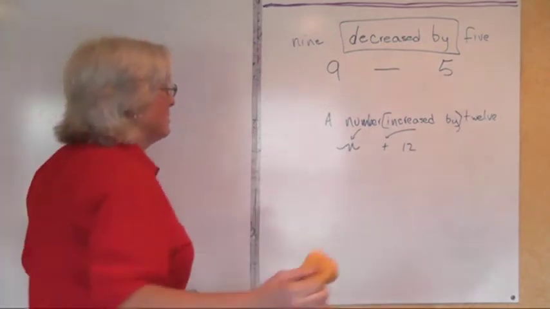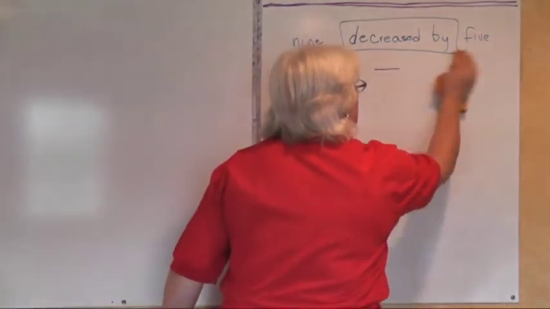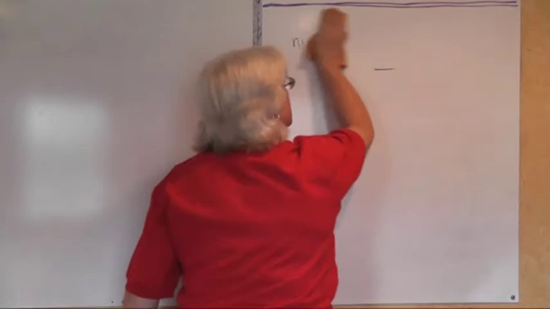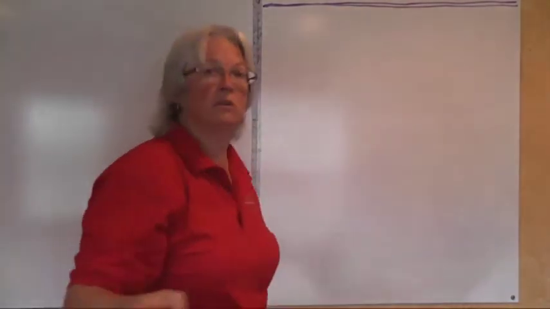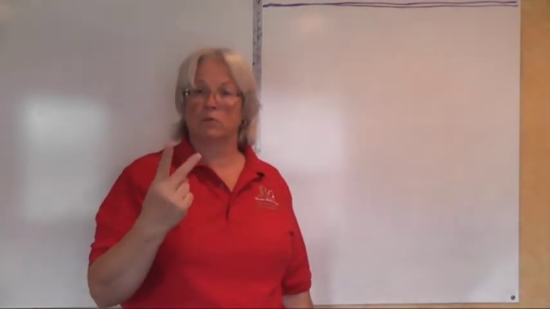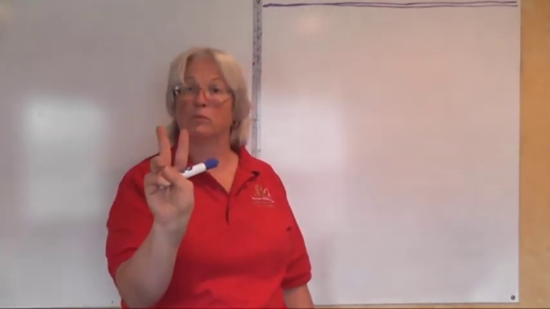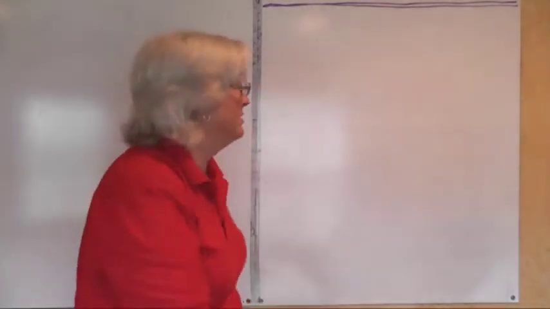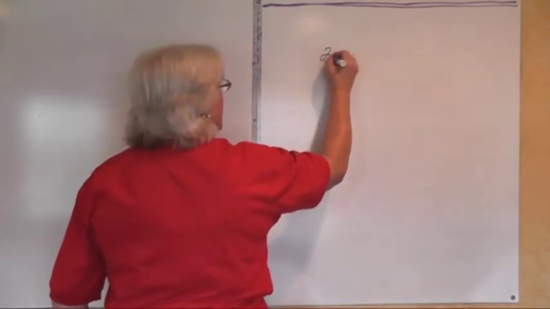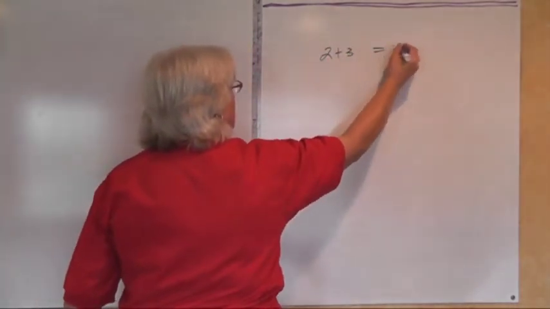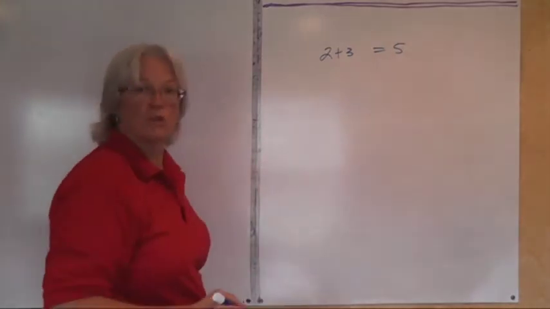There's one thing that I want to talk about real briefly. Remember we said earlier, we talked about the commutative property. And what's a commutative property? That says that the order in which you perform two operations doesn't change the outcome. So if you had 2 plus 3, that answer of course is 5.